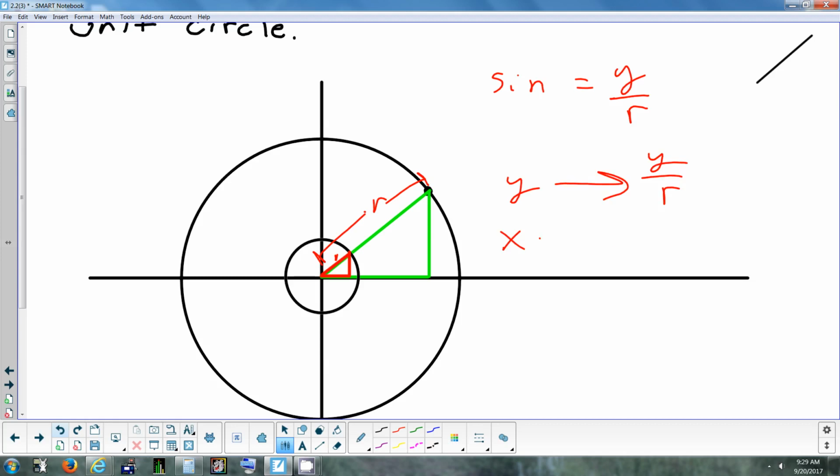Everywhere you had an x, you can't use x anymore, divide it by r. So what you're doing by dividing by r is you're turning the green triangle back into the red triangle. It's like you're scaling it back down, so we can think of it as being on the unit circle. But if you scale it, you do have to keep in mind it's not y anymore. You scaled it down, you divided by r.